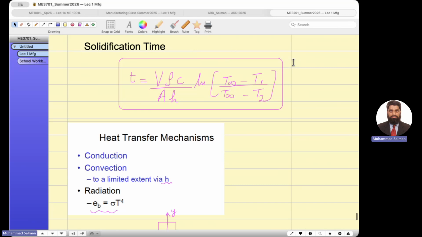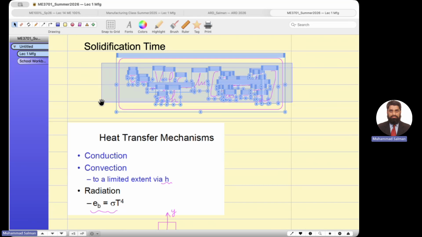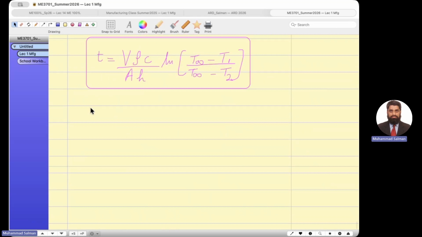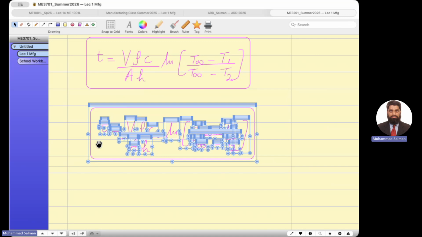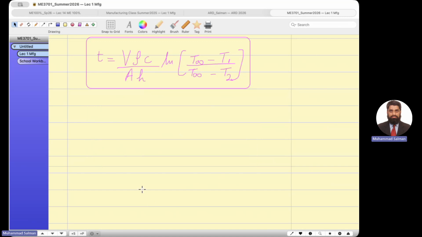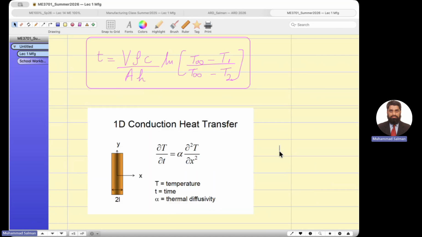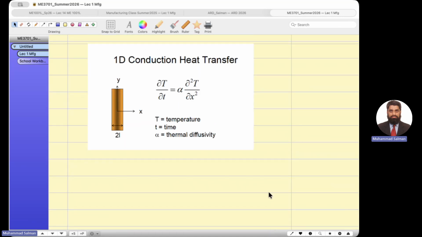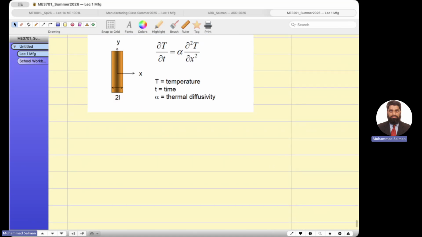How much time is required to solidify molten metal in casting? So are you ready? Let's do one problem. This is just a brief overview. I want to go over the slides for your convenience. This is the Fourier heat transfer. Have you taken the heat transfer class? Yes, that's good, so you might understand it more appropriately.